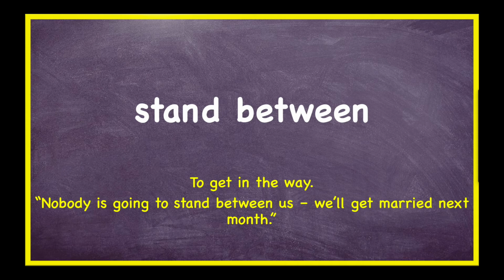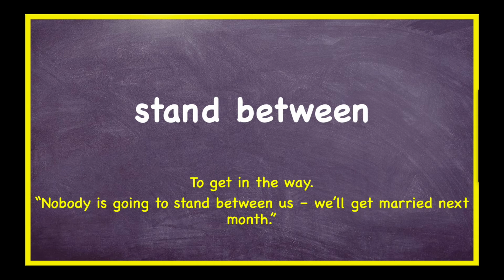The next one is to stand between. So this is to get in the way. So if you imagine that there is a door that you want to go through, but someone is standing in front of the door, not letting you enter, then they're standing between you and the door. All right. So the example here is nobody is going to stand between us.